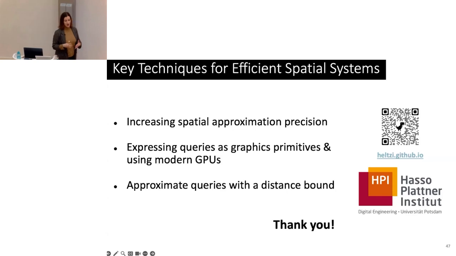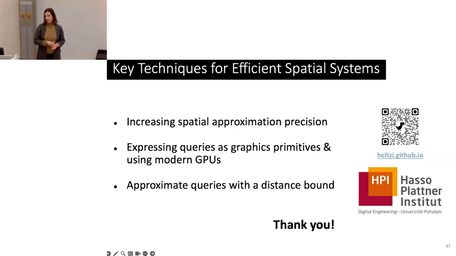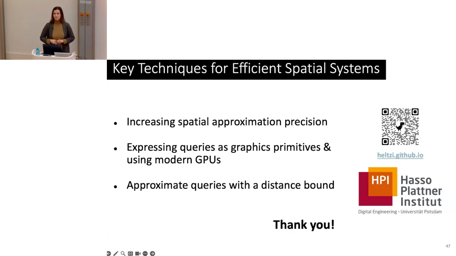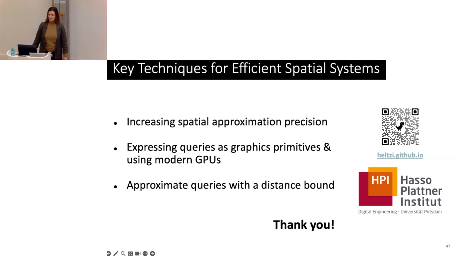Then I discussed how we can express queries as graphics primitives, which enables us to leverage modern GPUs. And in the end, I talked about using a distance bound so that we enable approximate evaluation, which unlocks another level of boosting performance by eliminating expensive tests.